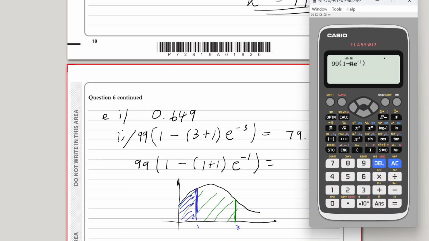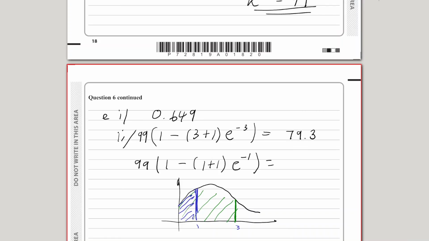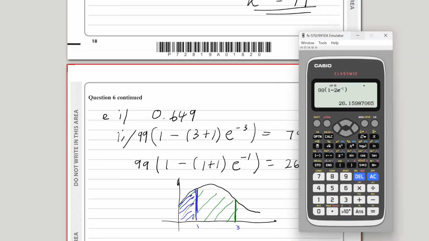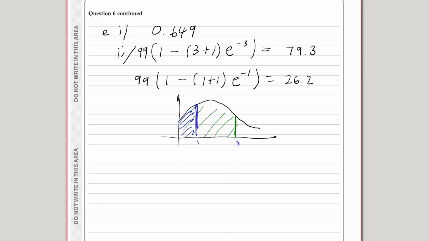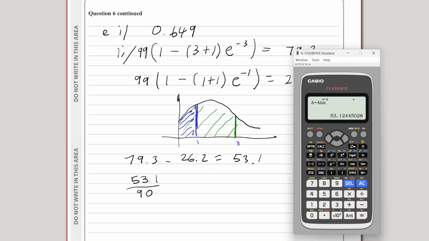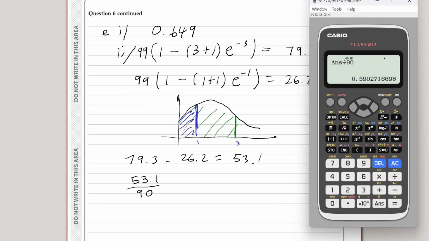So 1 plus 1 will be a 2. 26.2. Take them away. A takeaway answer, 53.1. That's the area. So the probability, 53.1 over the total, which is 90, and that's 0.590.